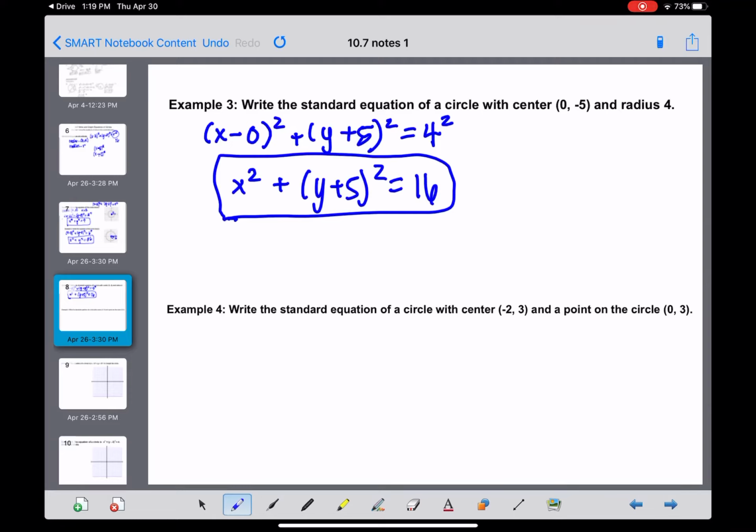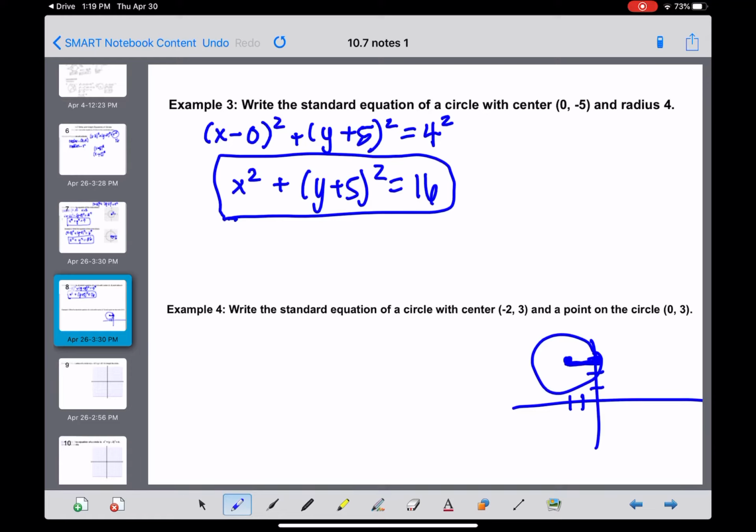Okay, example 4, it says write the standard equation of the circle with (-2, 3) as the center, and a point on the circle is (0, 3). So they didn't give us the radius. So let's draw a little sketch for ourselves. The center is (-2, 3), and a point on the circle is at (0, 3).